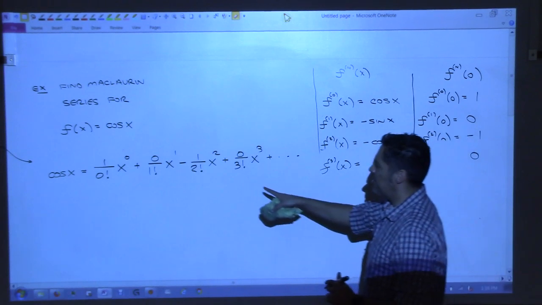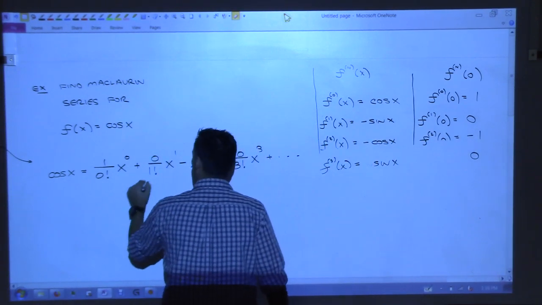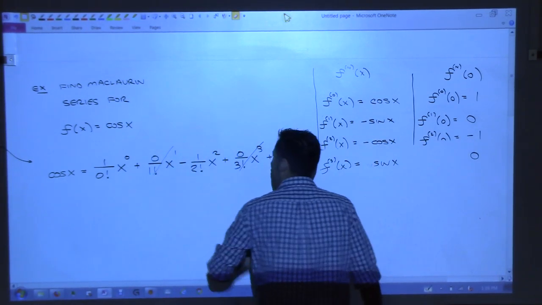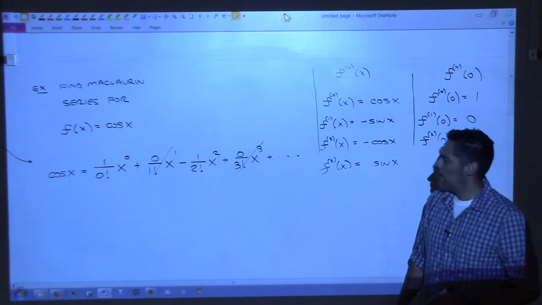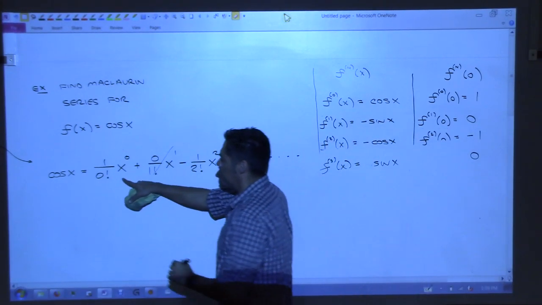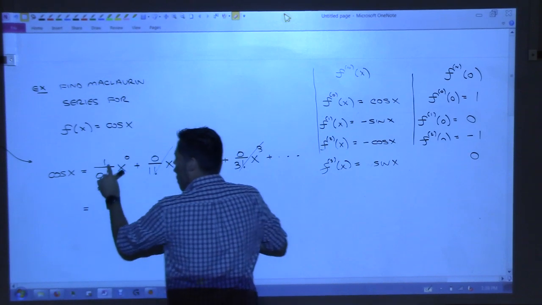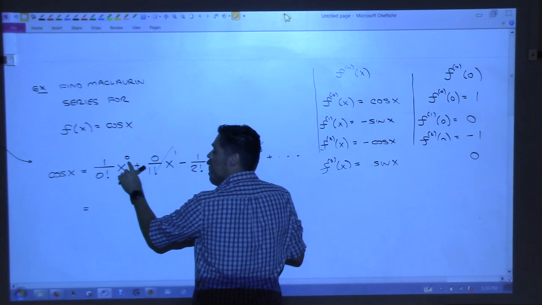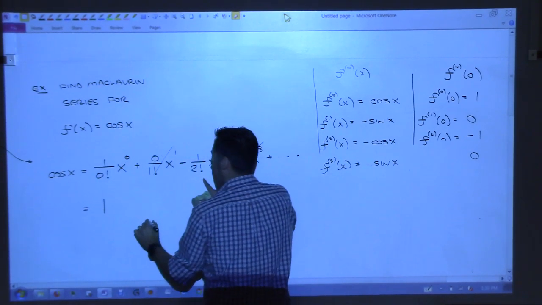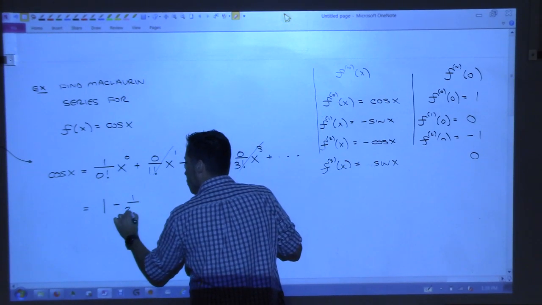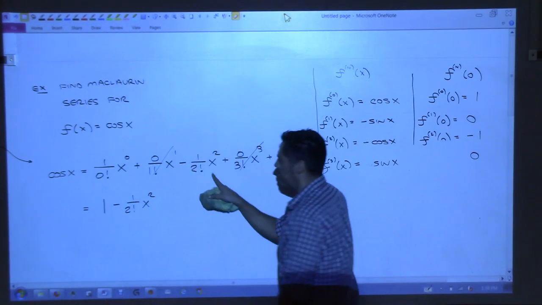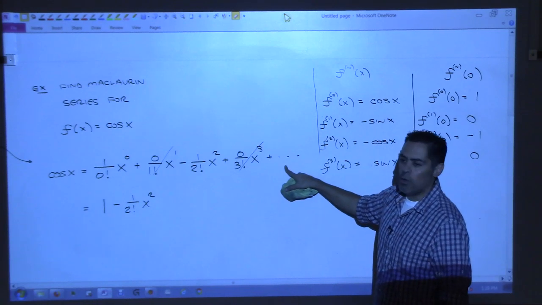So this is the power series. Let me kill off the things that are zeros. So what's my first term here? x to the 0 is 1, so that's 1. And then the next thing I have is minus 1 over 2 factorial x squared. What would have been the next one?